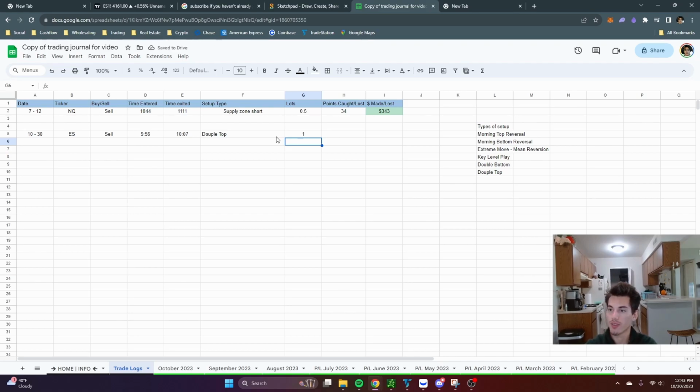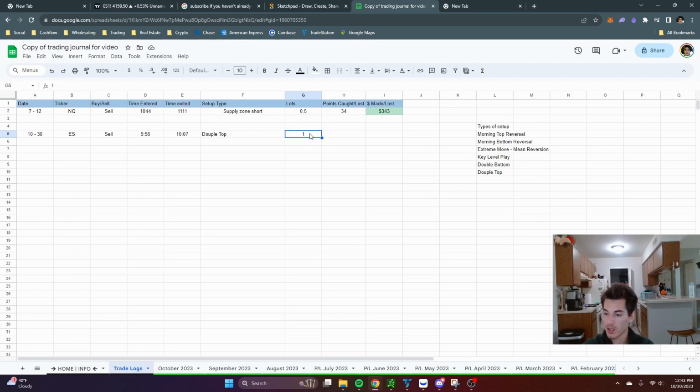Now, you see that I have 0.5 up here. That basically is when I trade micros. Each decimal point, 0.1, 2, 3, 4, 5, 6, 7, 8, 9, will all be like that. So that signifies that it's a micro and that I traded 5 micro NQ contracts on that trade.